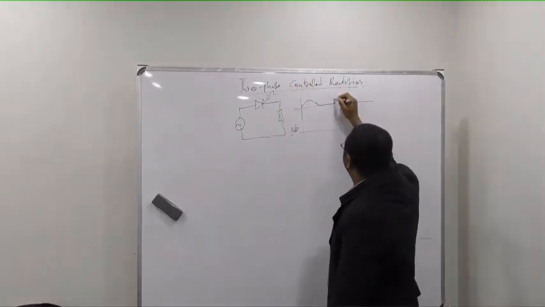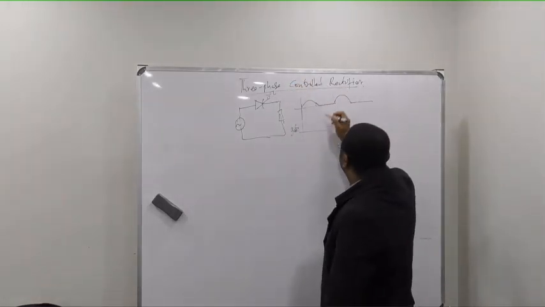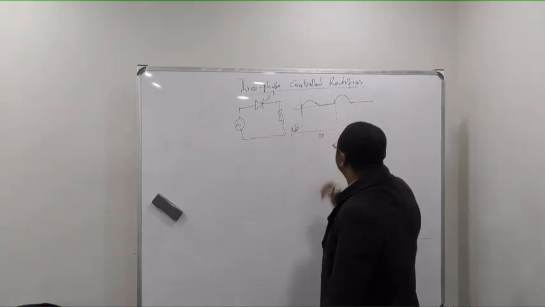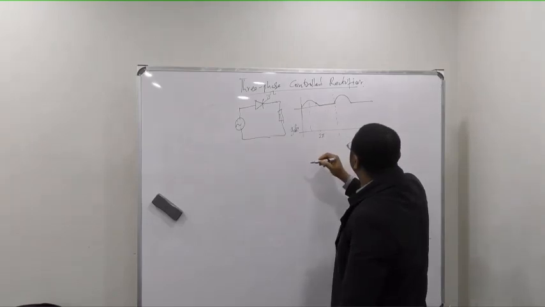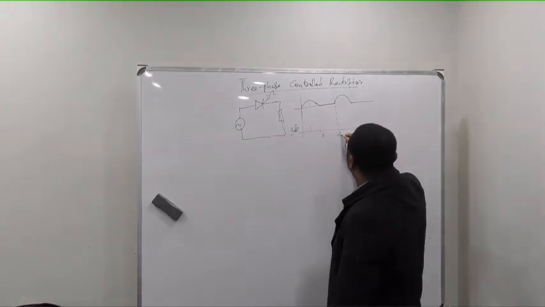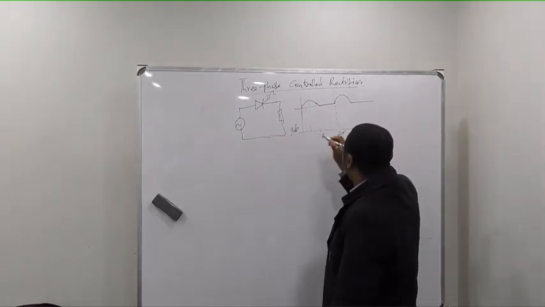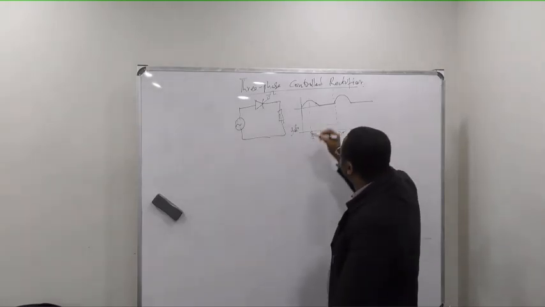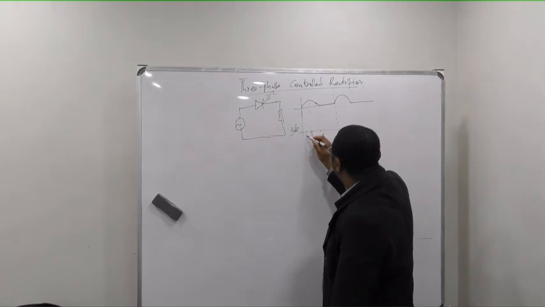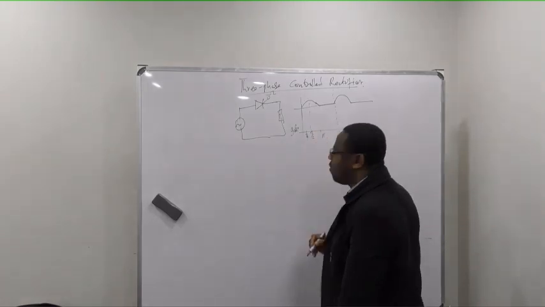Here, from here to here is 2 pi, and this is pi, this is 2 pi. Now this is pi, so here is pi over 2, and maybe here is pi over 4.